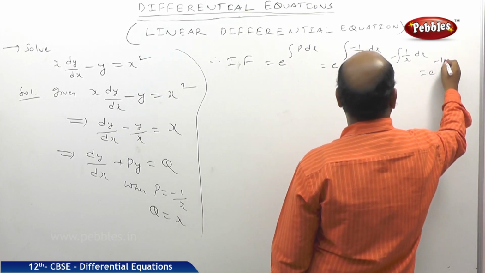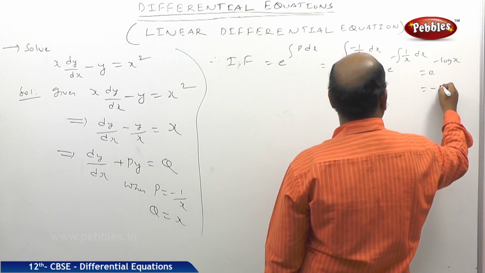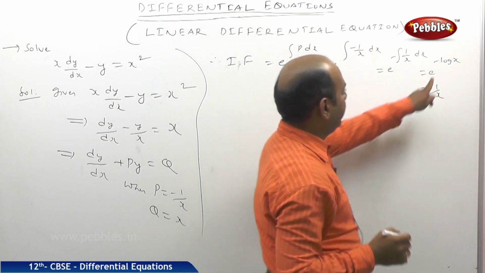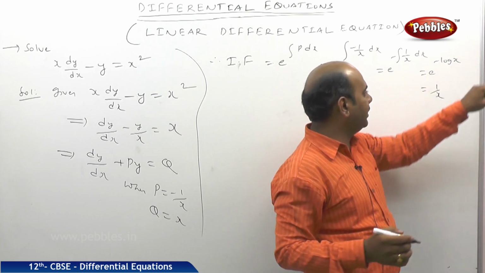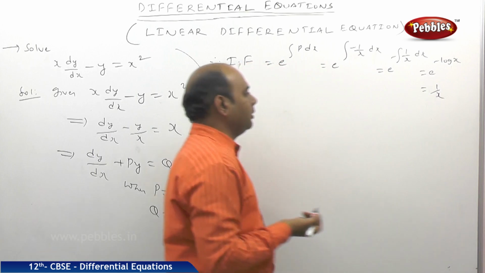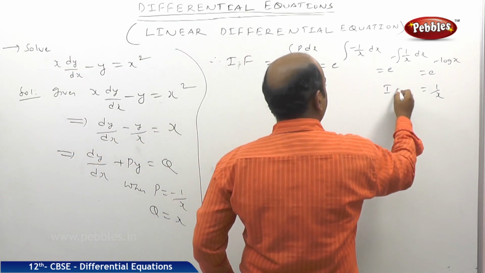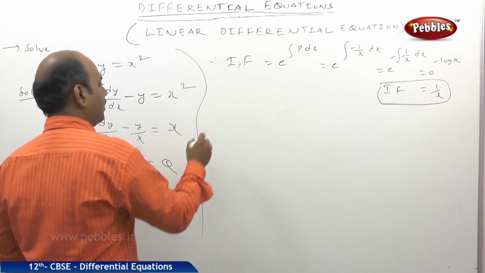So this becomes e power minus log x. My e power minus log x, I can write this as 1 by x only, no? Why? Because the minus going to this side means it becomes x power minus 1. x power minus 1 is nothing but 1 by x. Therefore finally what I got, integrating factor as 1 by x.